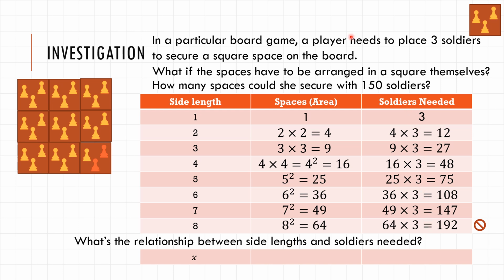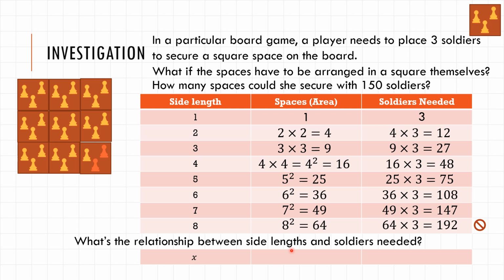So if you did not know the side length, if I told you that this was the variable x, side length, how many soldiers would you need? So if you don't know what this number is, what are the operations that you will do to the letter x, or to whatever this number actually is? What operations will you do to find out how many soldiers you need? Take a second to pause this video and think about that and see if you can fill in these 2 spots on the table.